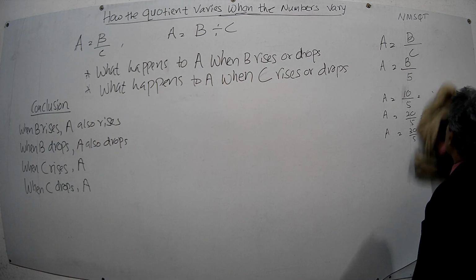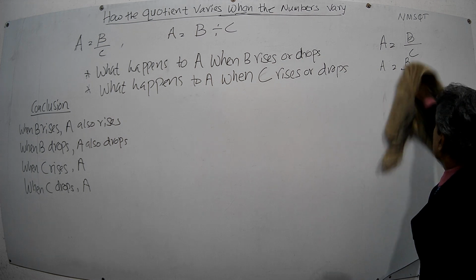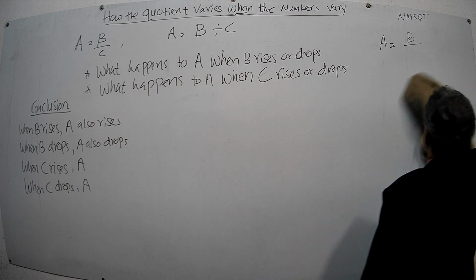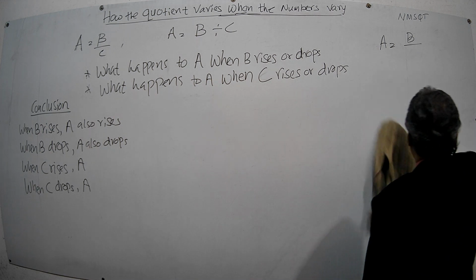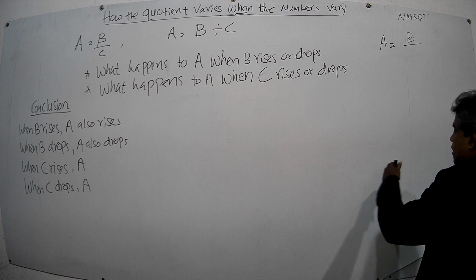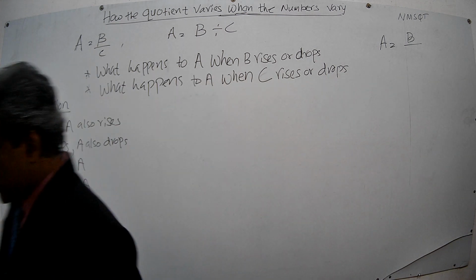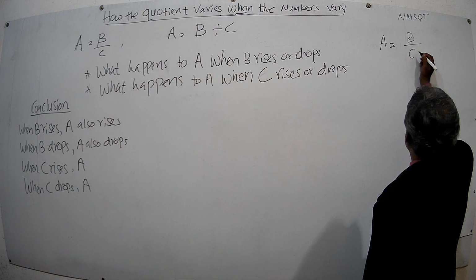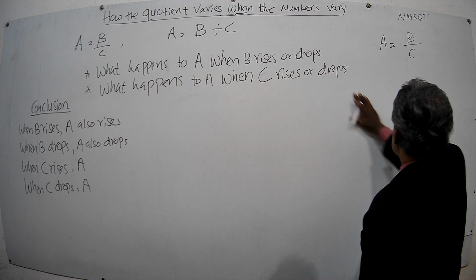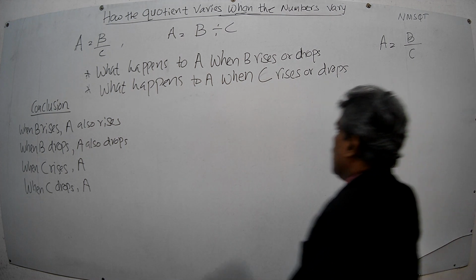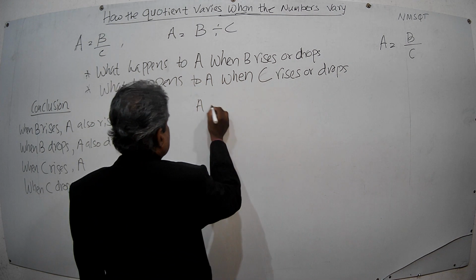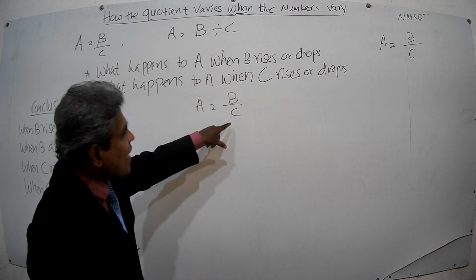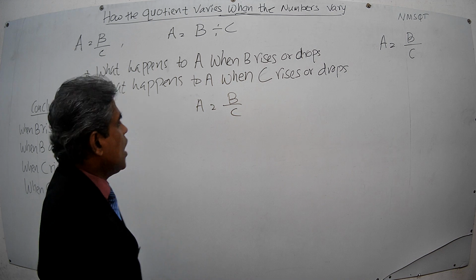Now we look at the effects of changes of C upon A. To study that, A equals B over C. I take a constant value for B and I change the value of C step by step.